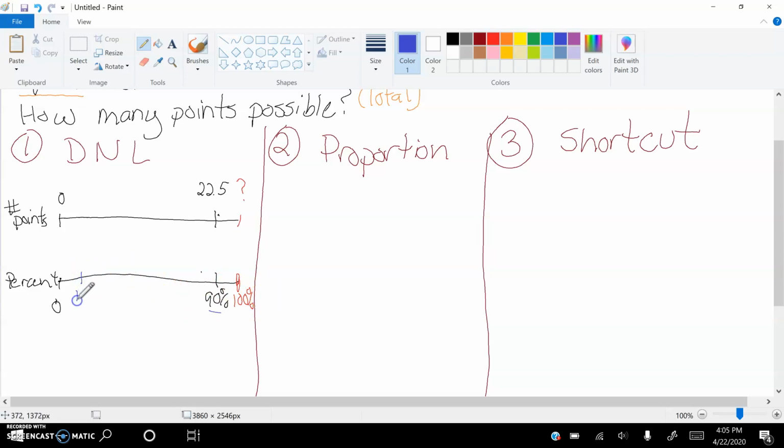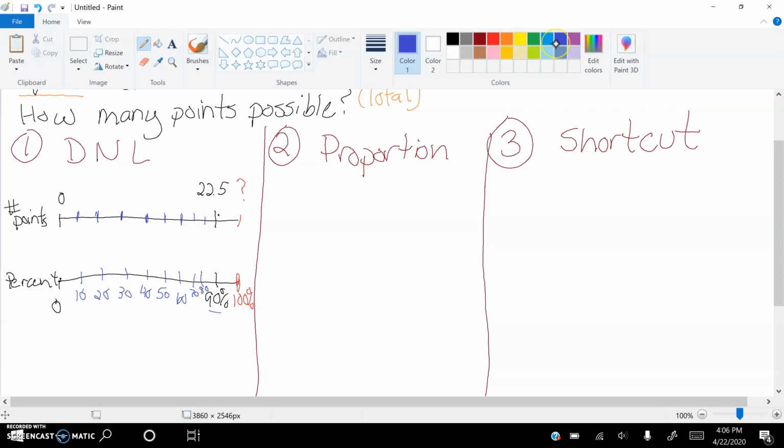So let's add those in. 10, 20, 30, 40, 50, 60, 70, they're a little squished, 80, 90, and then 100. So we need to figure out what 10% is. I'm just filling in these lines right above each percent. So here's the points for 60, for 70, for 80.